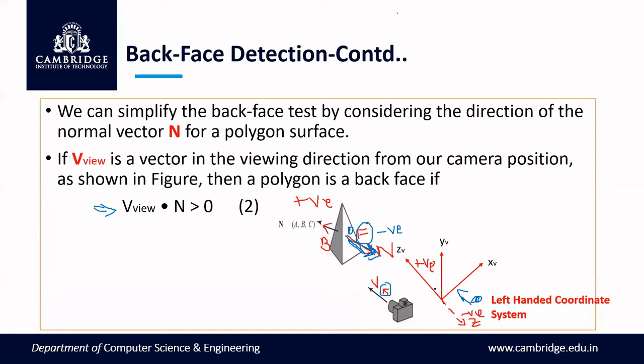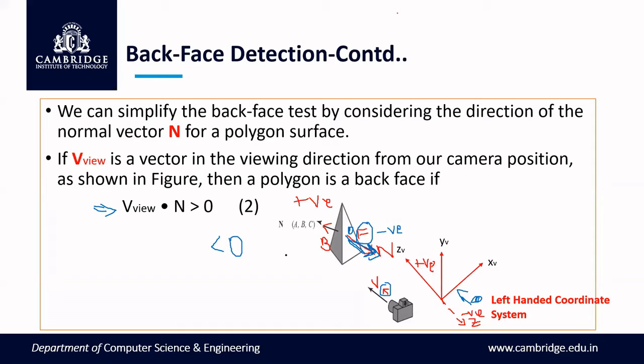So it is opposite to your z-axis. So your value will be less than 0 if it is the front side. Because both your view vector and normal are along the z-axis, the viewing vector is always on the z-axis.